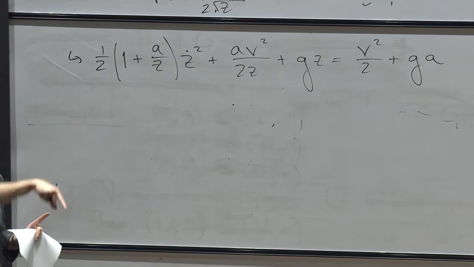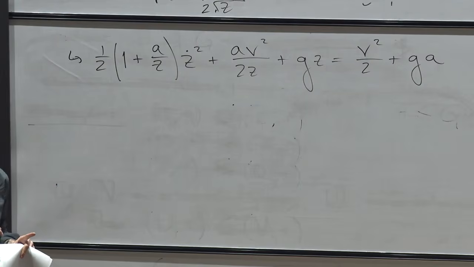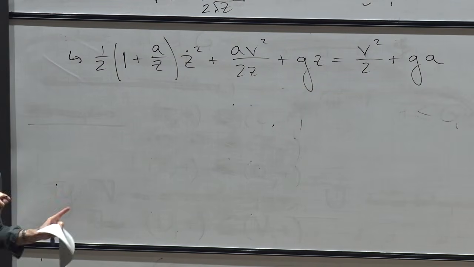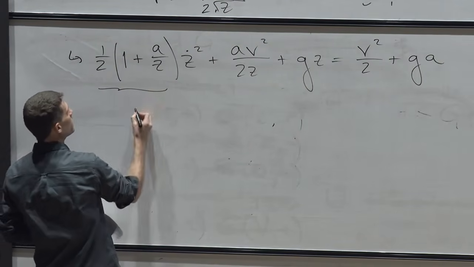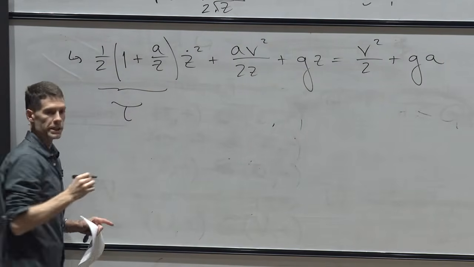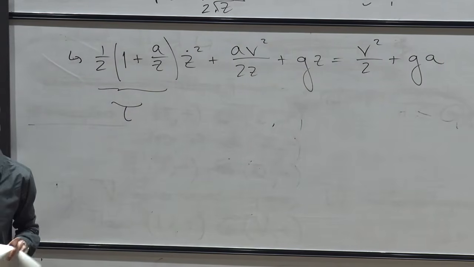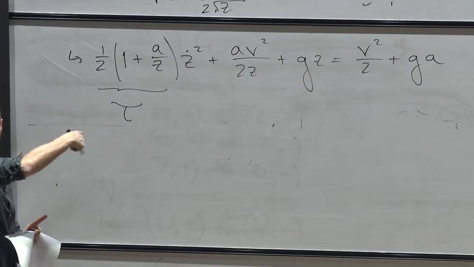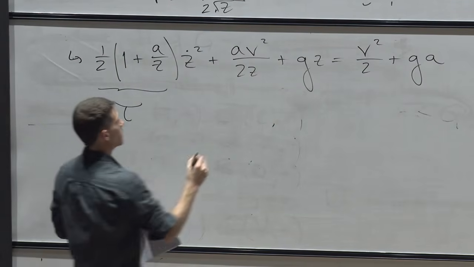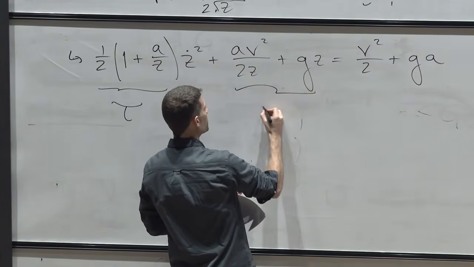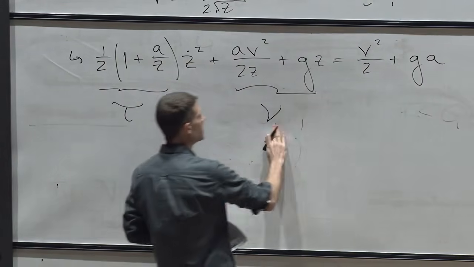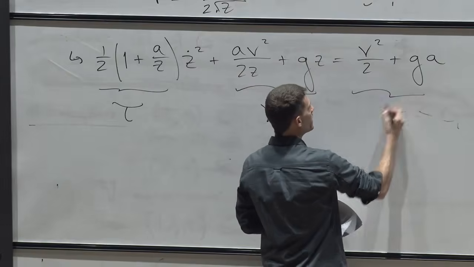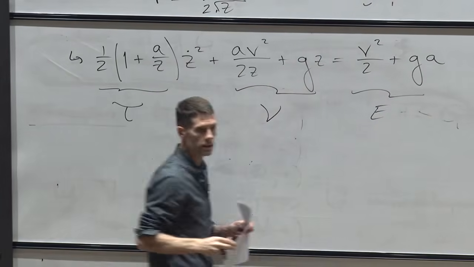Of course, it's come from kinetic energy plus potential energy equals constant, and I've shuffled things around a bit. So I'm going to call this thing curly T, because it's not quite kinetic energy. It's kinetic energy where I moved one of the terms away. And this thing is not quite potential energy, but it's close. It sort of looks like a potential, so let's call that curly V. And then this is like our E. In fact, that is just the E.